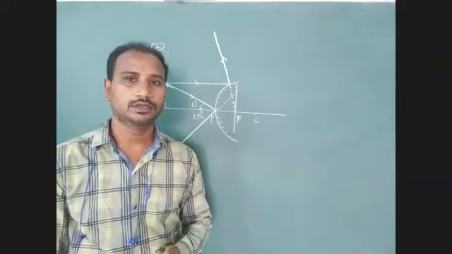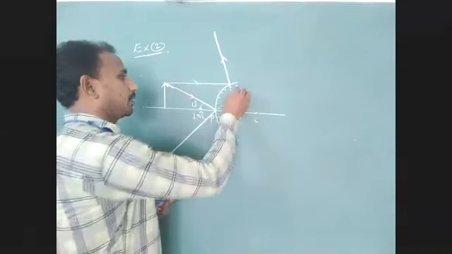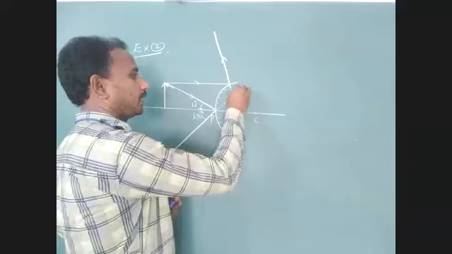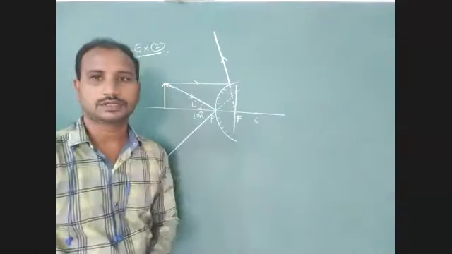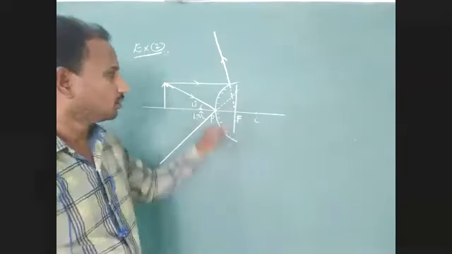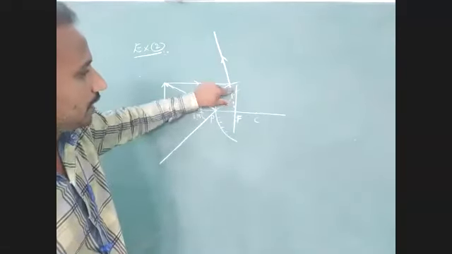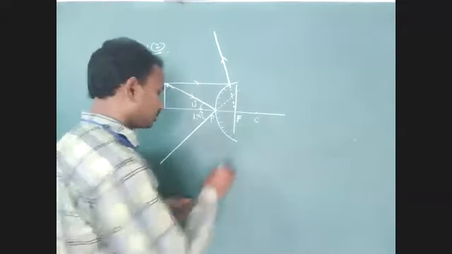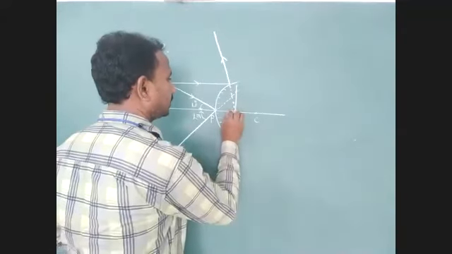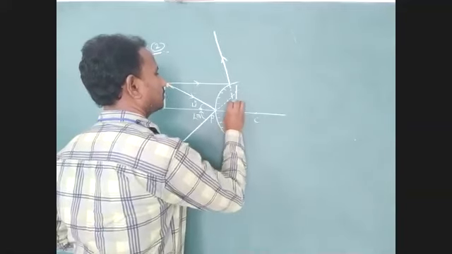Here the extended reflected rays appear from the perpendicular line passing through the principal focus. So the two extended reflected light rays intersect at one common point. This intersection point represents the image formation point.